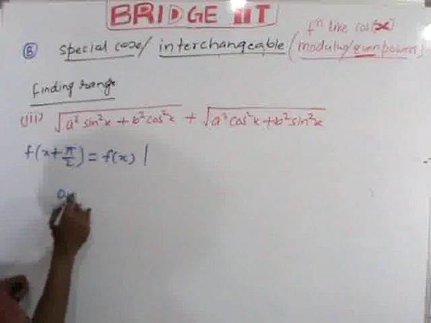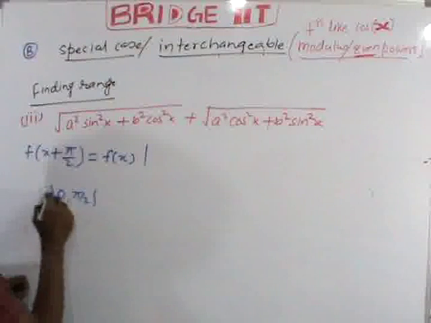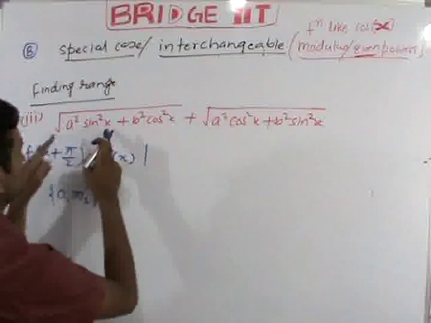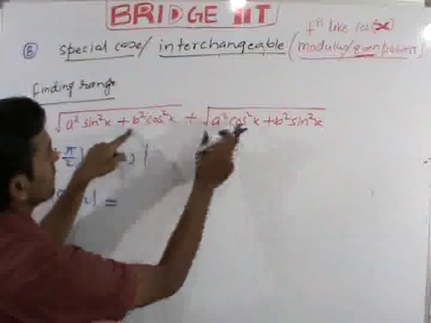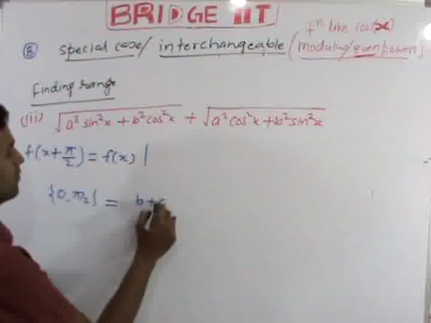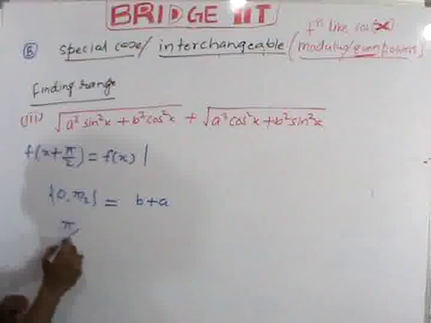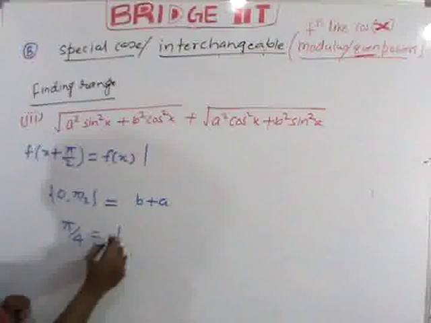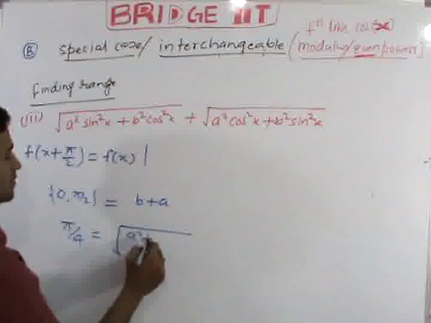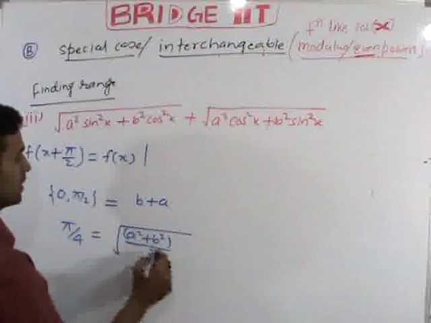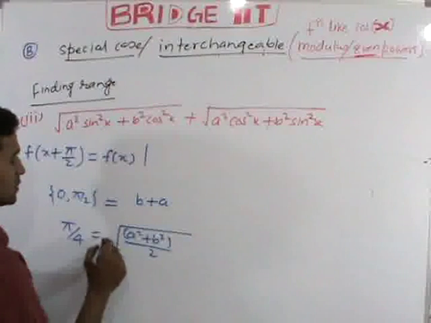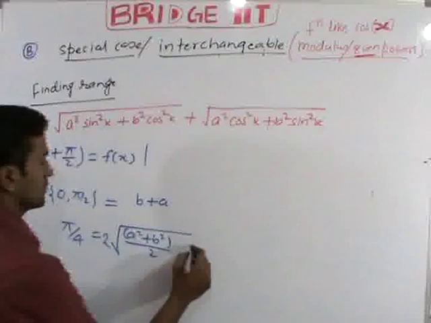At 0 or pi by 2, what is the value? This is 0, this becomes b, this becomes a, so this is b plus a. At pi by 4, what is the value? Under root of a square plus b square by 2, and this is 2 times. You can check it out, this is very easy.